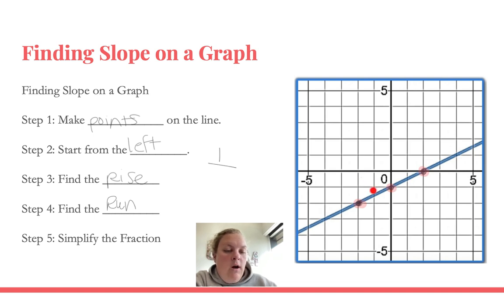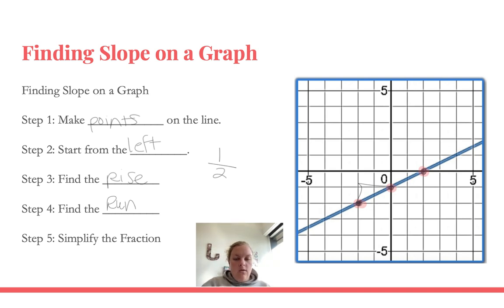It's actually only 1, 2 spaces over to the right. That is a common mistake I see. So in this case, your slope is 1/2, 1 over 2, because I went up 1 and to the right 2 to get me to the next point.